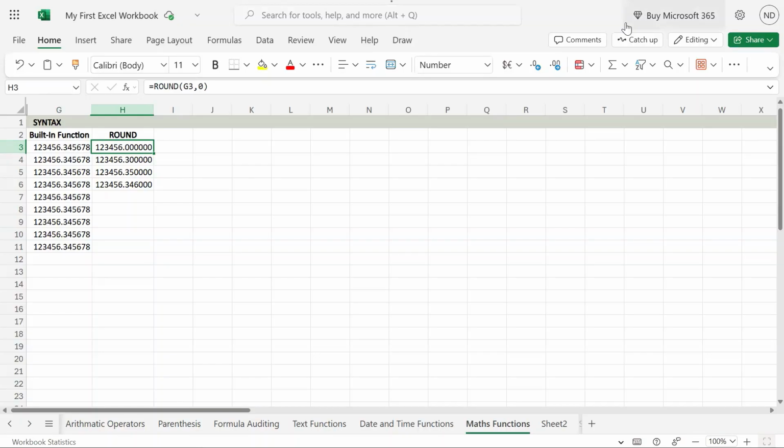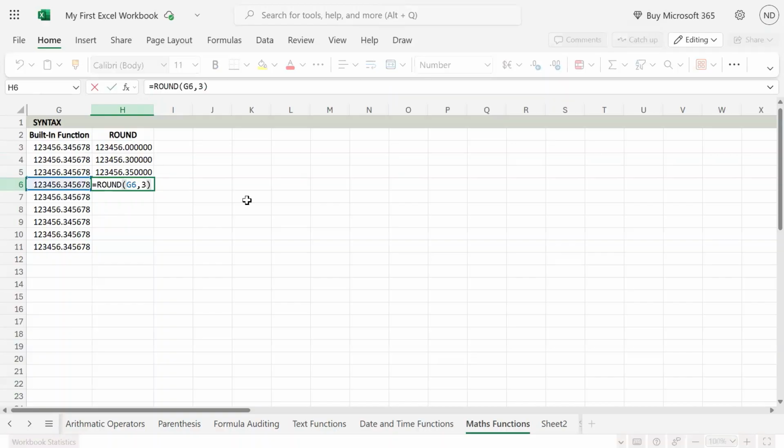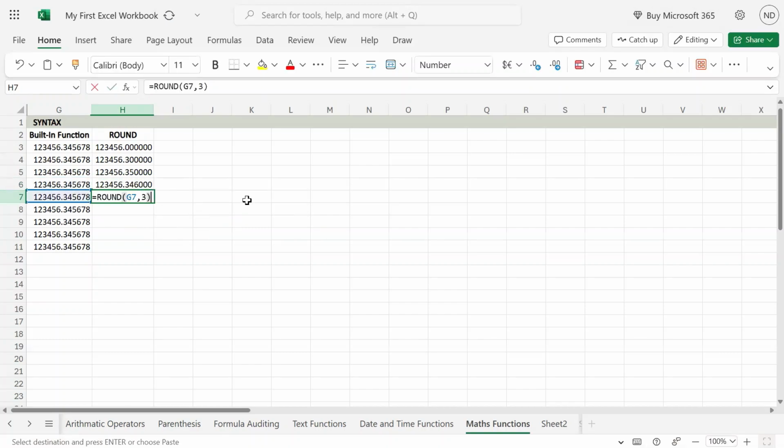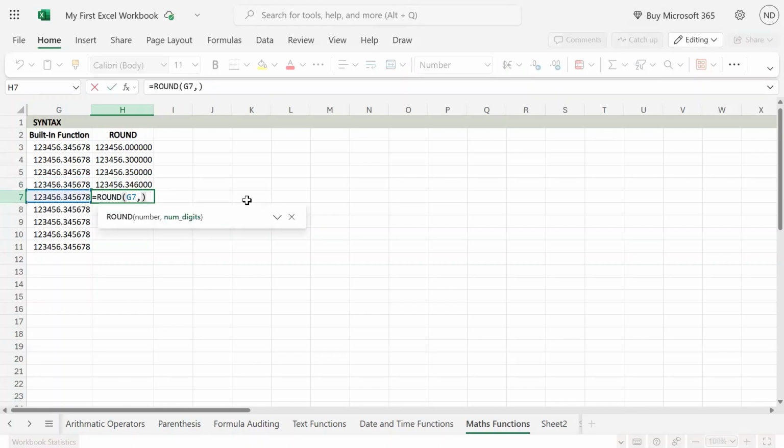Now, suppose I want to do the same for the integers. Then what I need to use as a symbol is the minus sign. So let me copy this formula. And here, suppose I want the last digit of my integer.